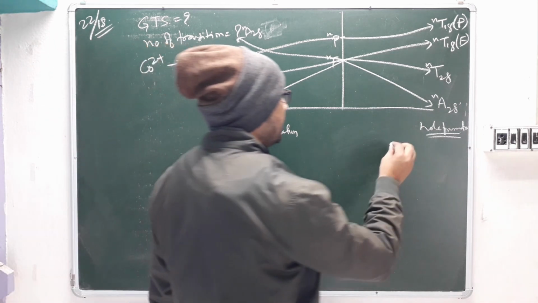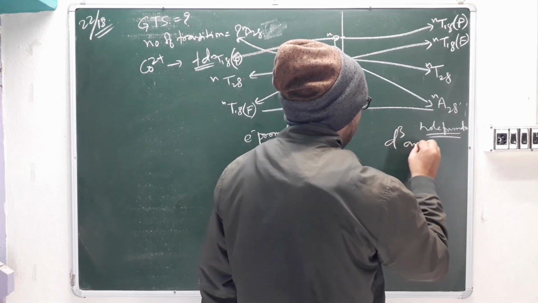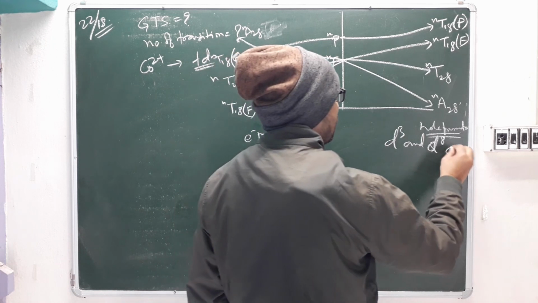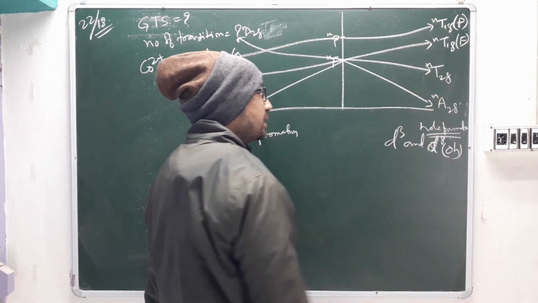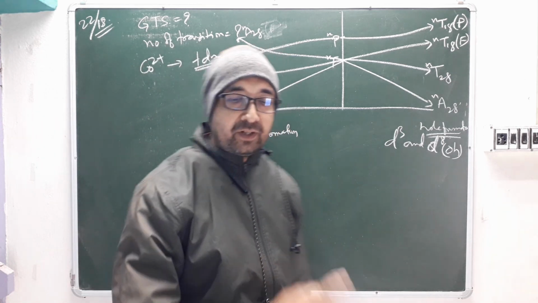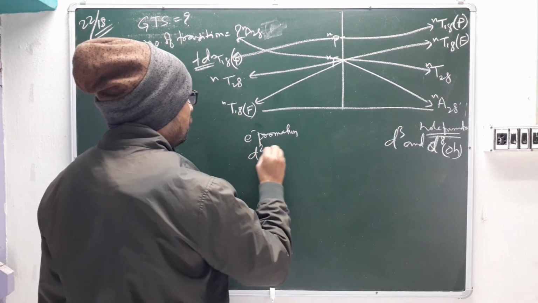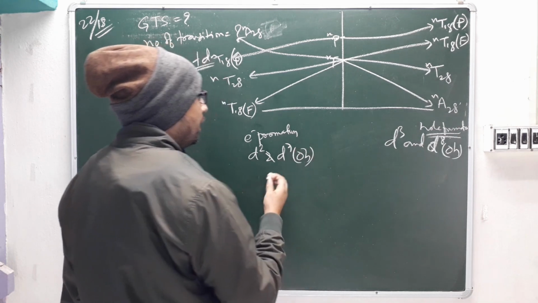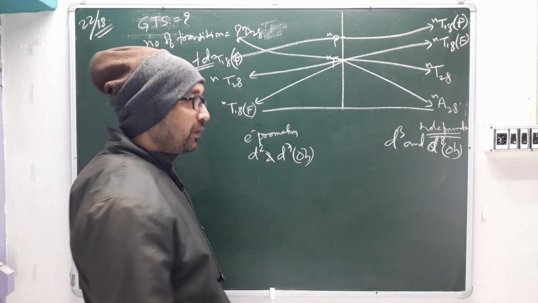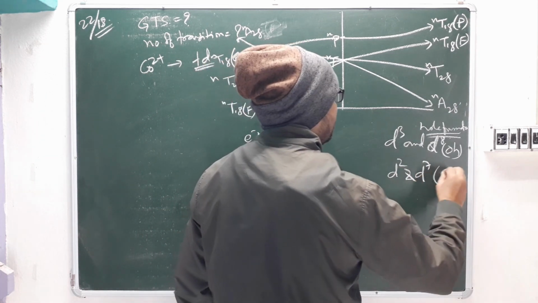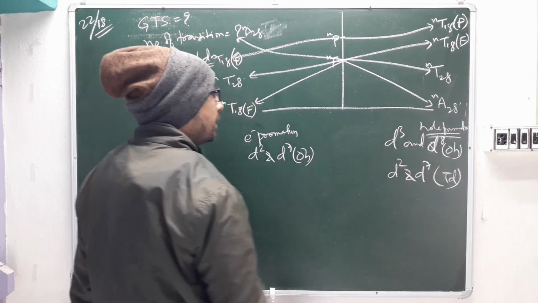For D3 and D8, if it is octahedral then it will fall this side. If it is D2 and D7, for octahedral only I am talking, it will fall this side. Similarly, if it is D2 and D7 for tetrahedral, it will fall that side.